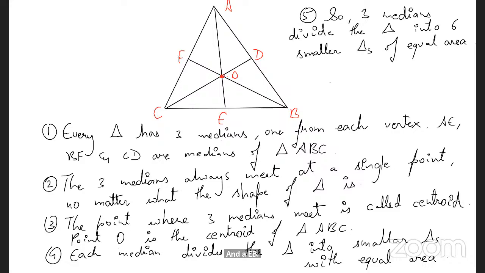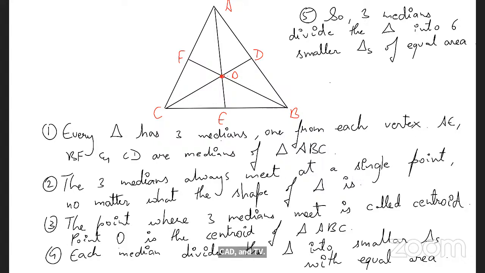Then look at the median CD. It is dividing the triangle into triangle ACD and triangle DCB, which will have equal area. Okay. Now look at the median CD. It will divide the triangle into CAD and DCB with equal area.